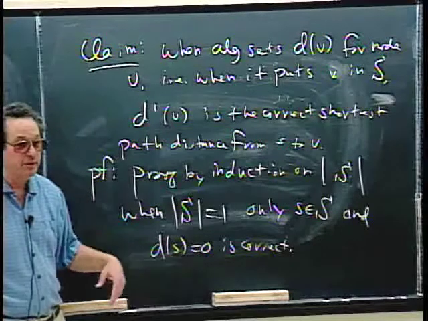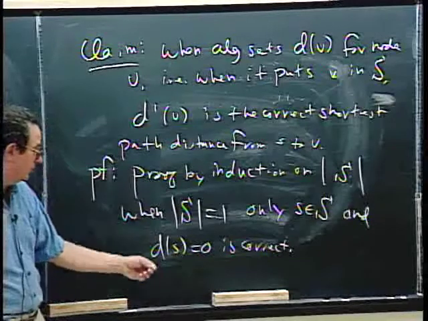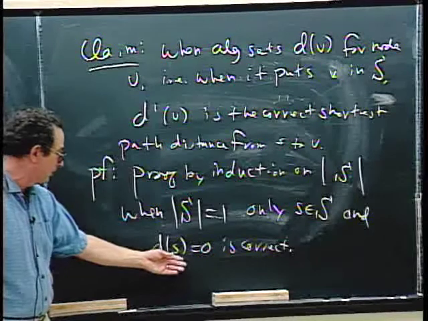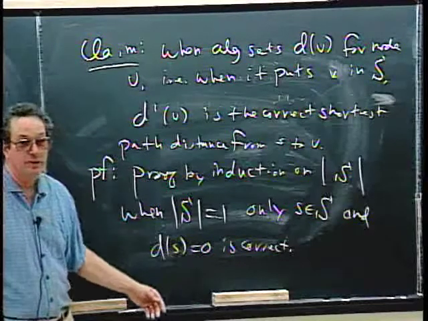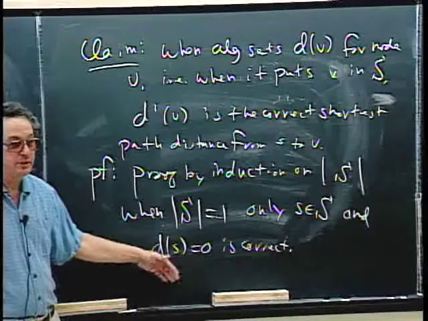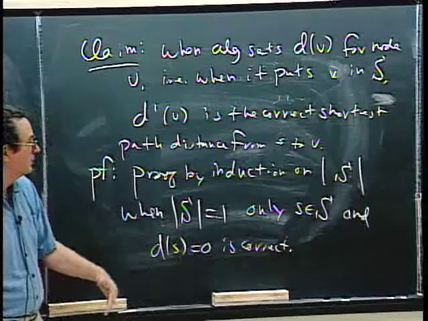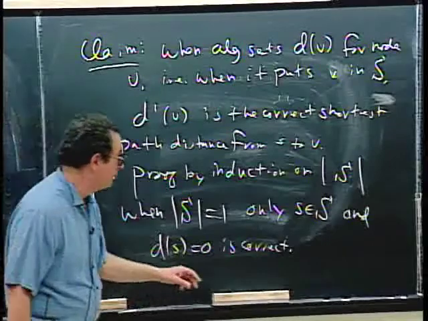And now we're trying to prove that when you think of this as a programming variable, its value is in fact equal to the correct shortest distance. Well, here, when you interpret this as the programming variable, the algorithm sets D of S to 0. And when you interpret this as the correct distance from S to itself, it's 0. And the two are the same. So the basis is certainly true, or the algorithm certainly has done the right thing for little s.